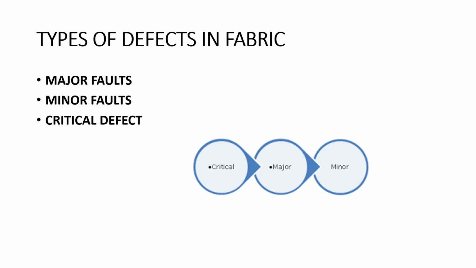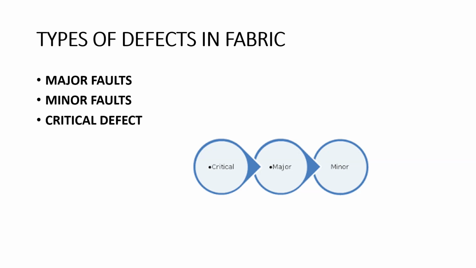So definitely during the process we expect certain defects in the fabric. Defect-free fabric is almost impossible to produce in the textile industry. So when defects come, to understand whether they are acceptable or not, we have to classify those defects.